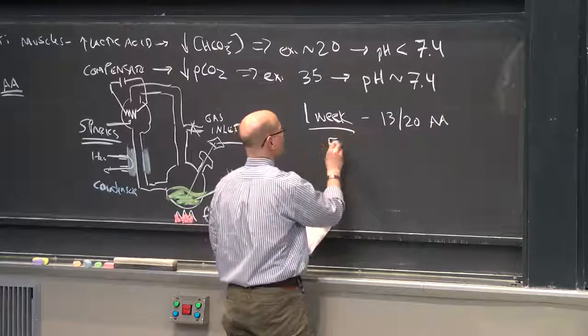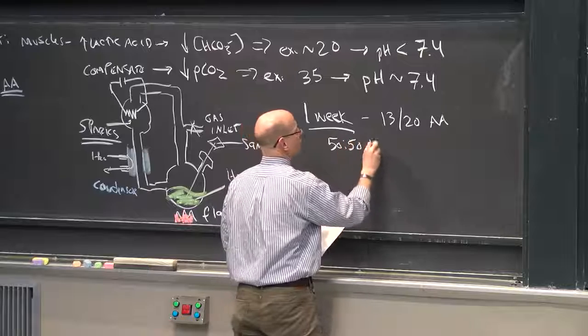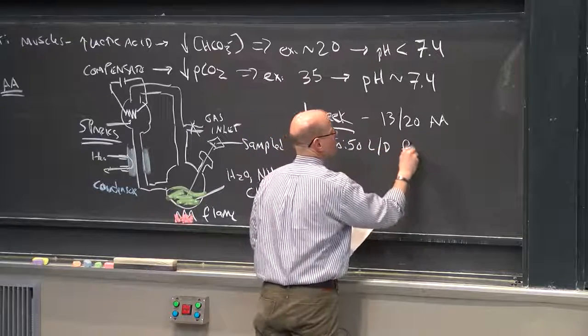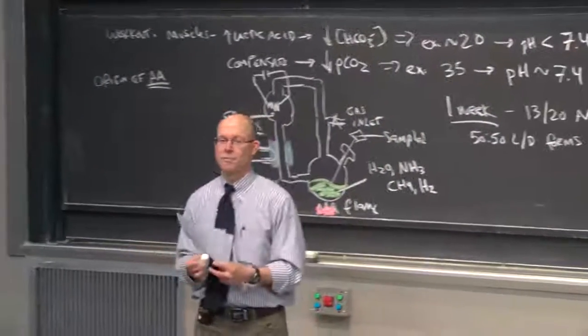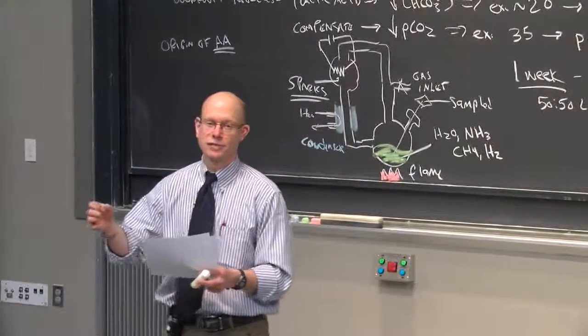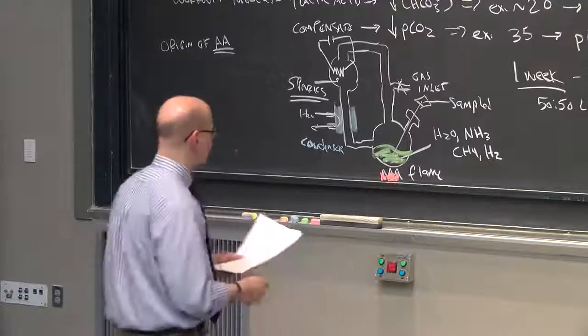Now, interestingly, it was a 50-50 mixture of the L and D forms, and you know that most proteins, all proteins that we know of are built of what kind of amino acids? L or D? L amino acids.